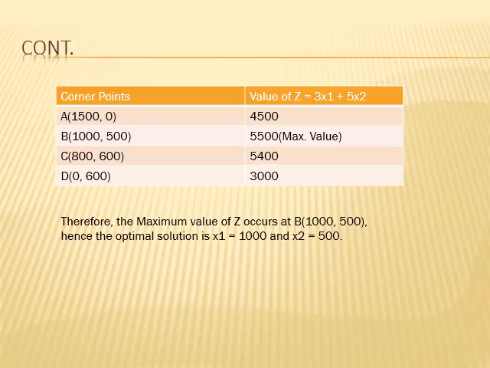Therefore, the maximum value of z occurs at B. Hence, the optimal solution is to produce x1 equals 1000 units and x2 equals 500 units.